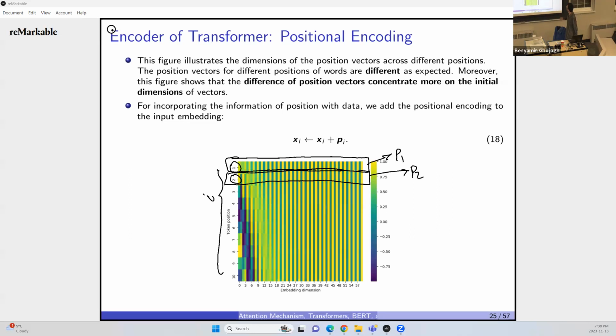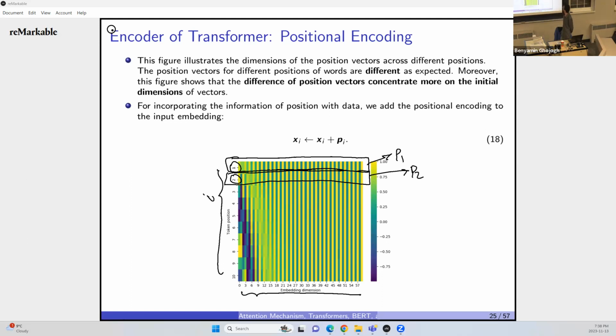And now compare these rows. Do you see they are completely different? All of them are different. Do you see that? As they are different, it means that the information of position has been captured in these position vectors. And that sine and cosine makes this difference that you can see here.